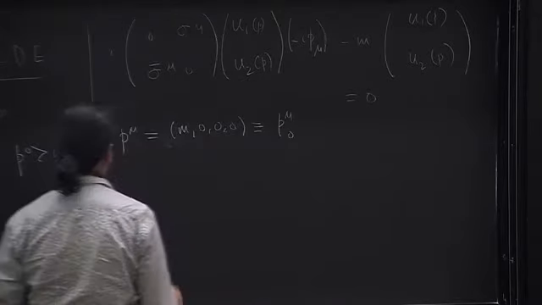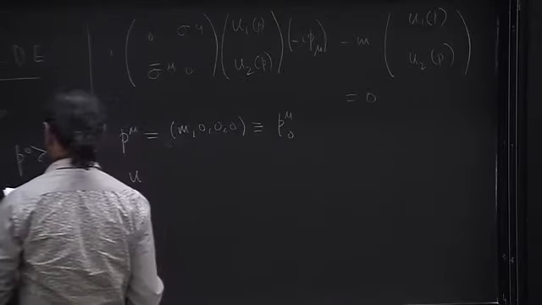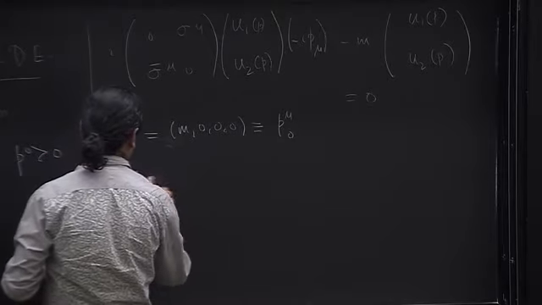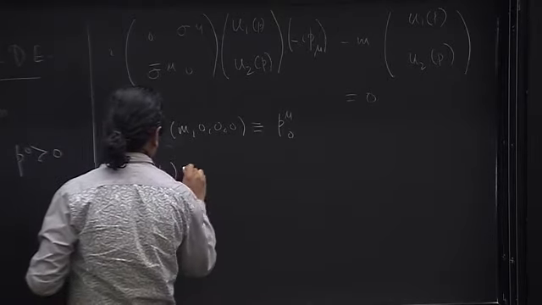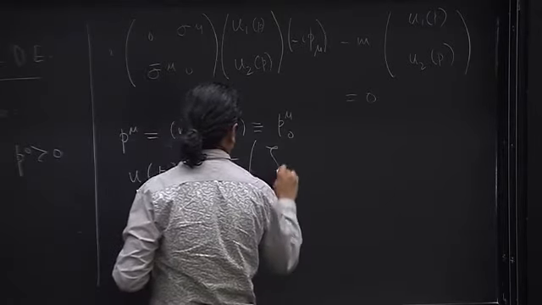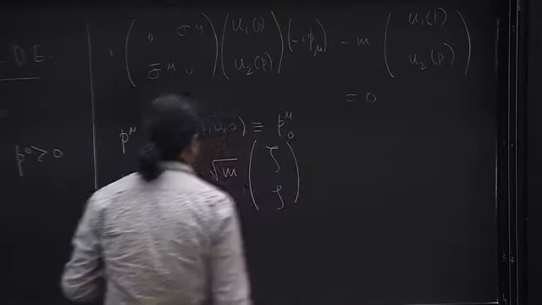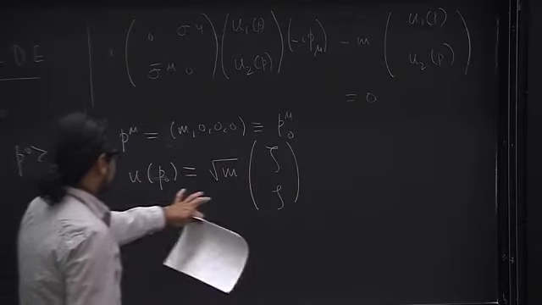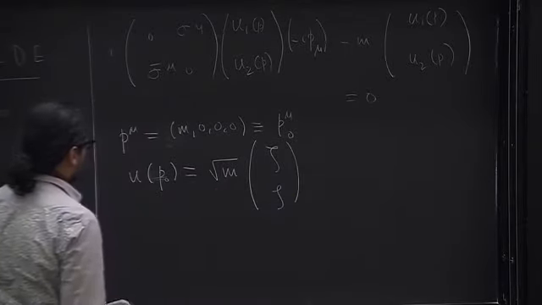Then it's easy to show that the spinor is given by something like this, where this is normalization.